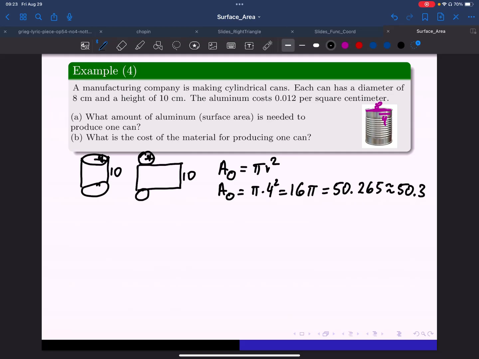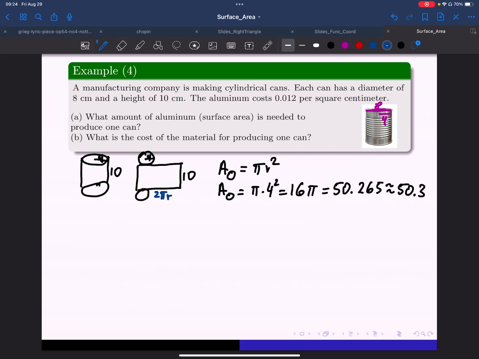And now this rectangle, so this length is nothing else but the circumference around, because it needs to fit, right? So the circumference is 2 pi r.